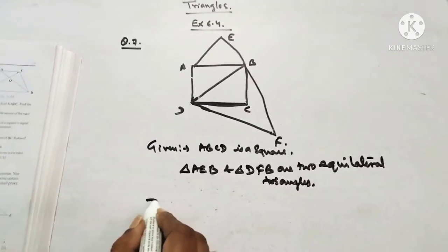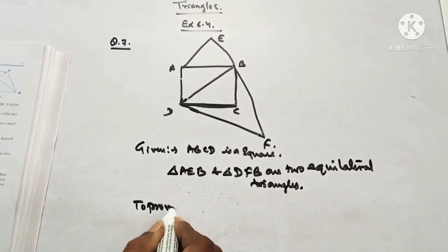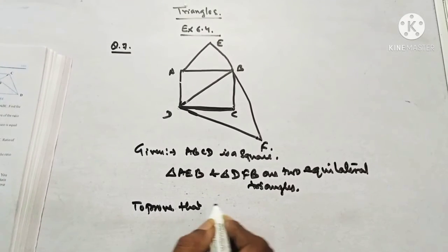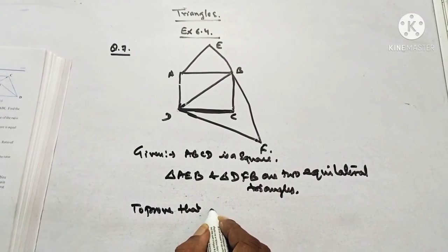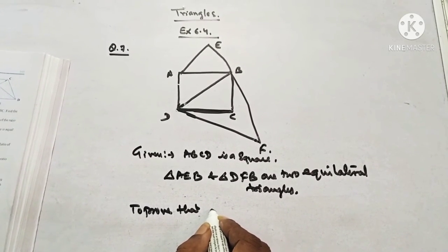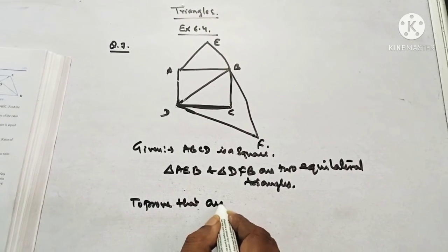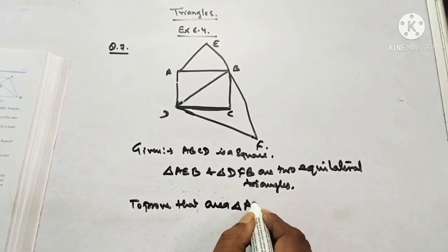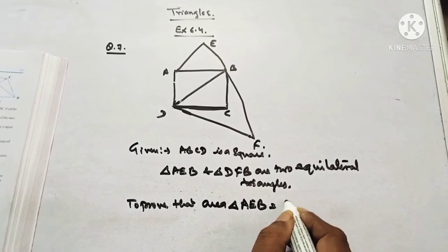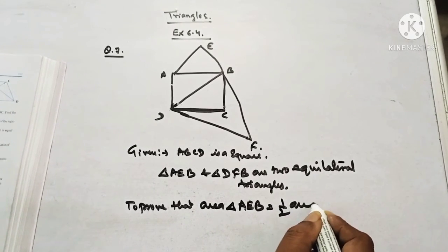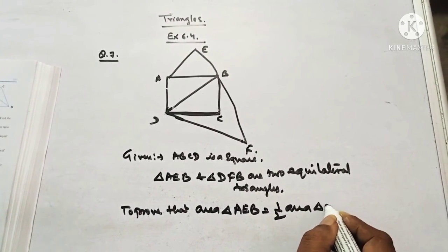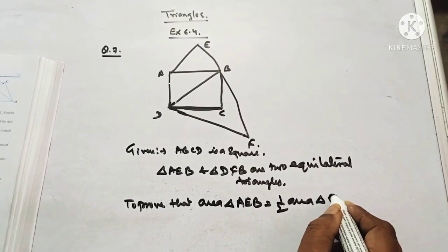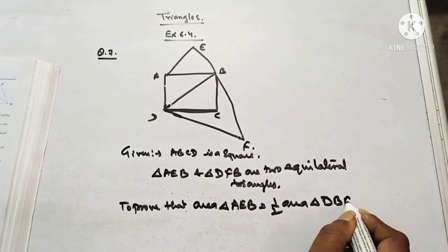Now we have to prove that area triangle AEB is equal to half area triangle DBF. So proof.